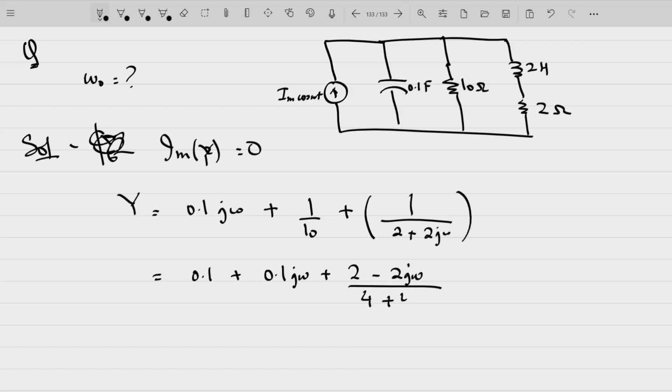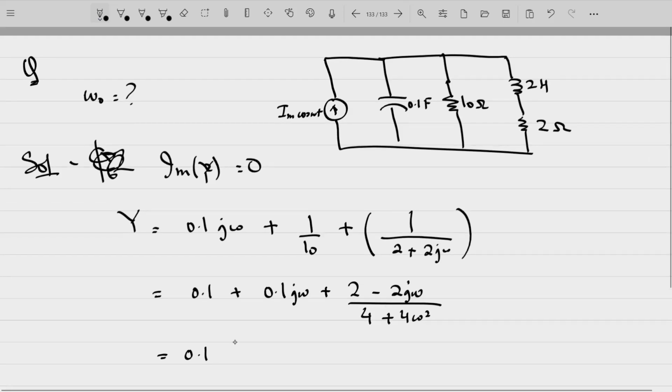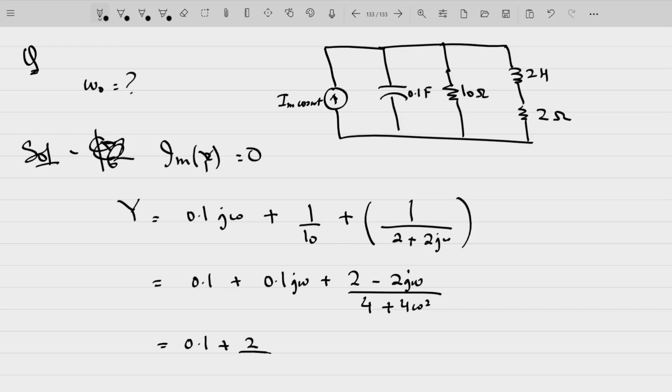plus 4 omega square, which implies 0.1 plus 2 divided by 4 plus 4 omega square, plus j times 0.1 omega minus 2 omega divided by 4 plus 4 omega square.